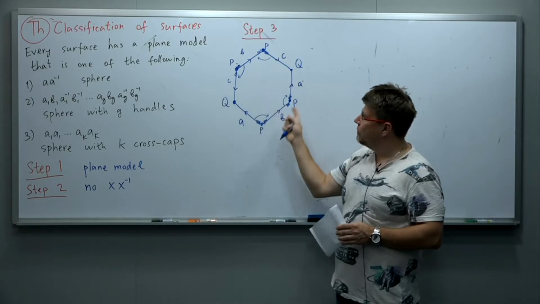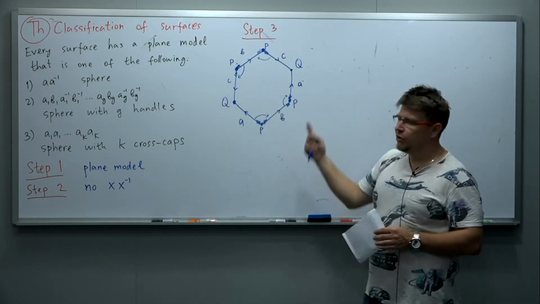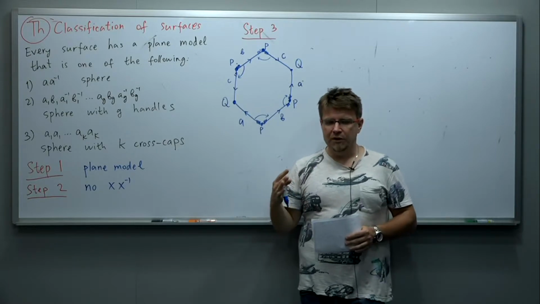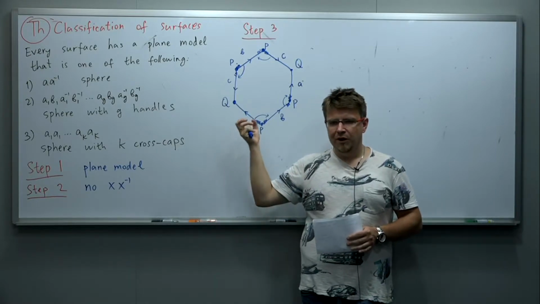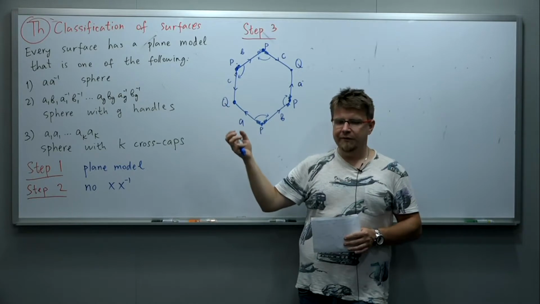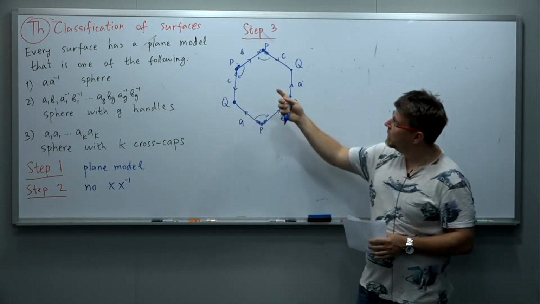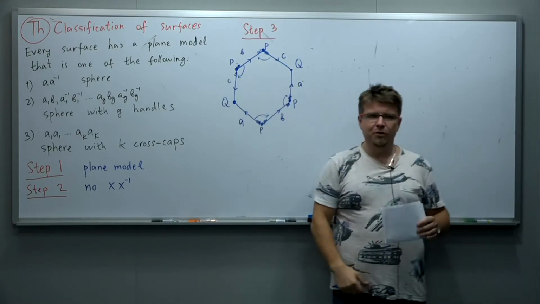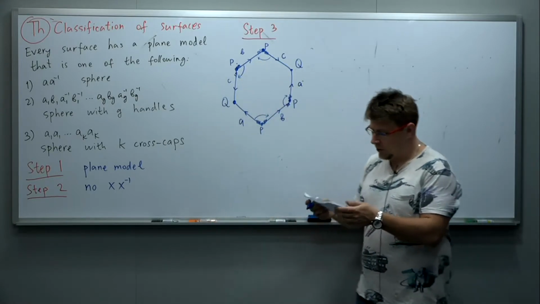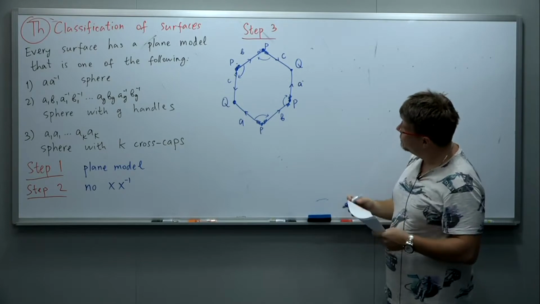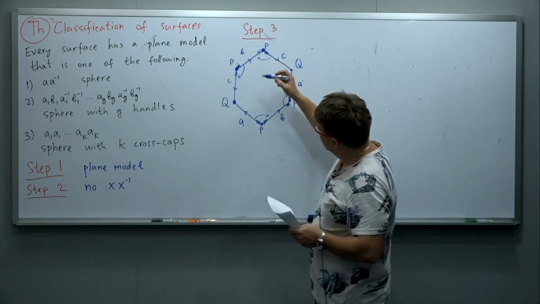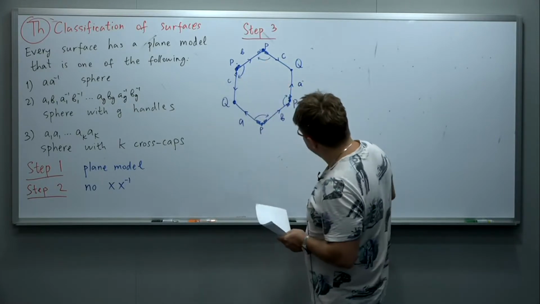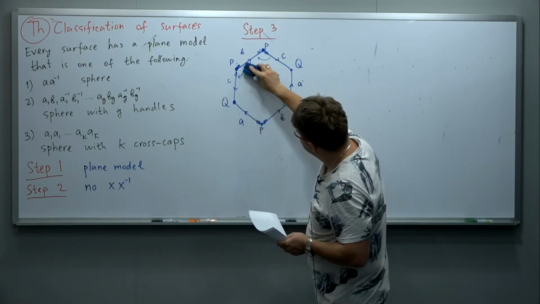So now there are 4 copies of the vertex P and 2 copies of the vertex Q. What I'm going to show is that it is always possible to reduce the number of copies of one vertex in favor of the other vertex. So in other words, we're going to make 5 copies of P and only 1 copy of Q. In order to do this, we are going to have to cut some triangle. Let me delete these little arrows.